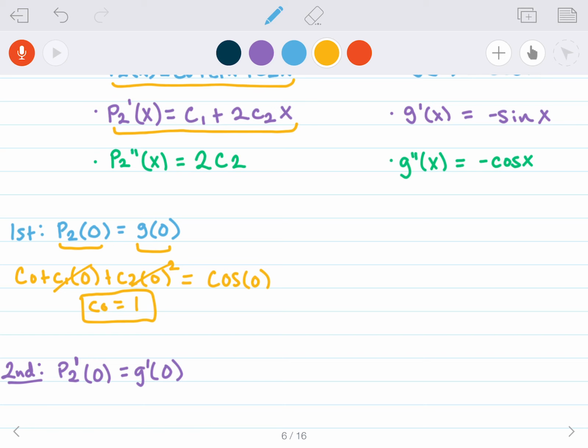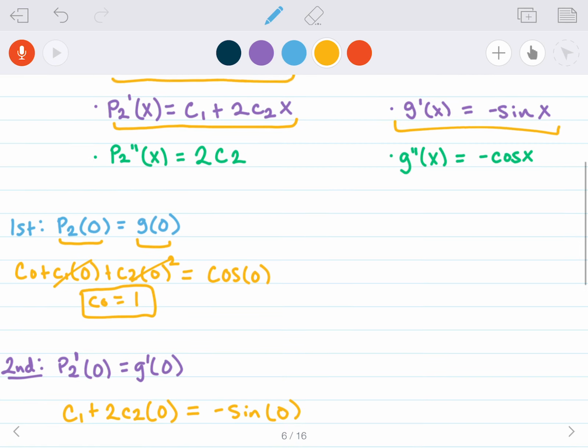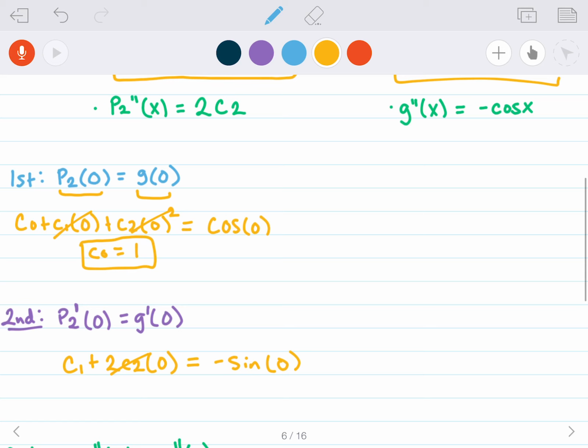The left side of this equation is going to be c1 plus 2 times c2 times 0, right? That's our x. And that's going to equal g prime of 0, which is just negative sine of 0, right? Okay, awesome. So that goes away. And negative sine of 0, of course, is 0. And so we get c1 is equal to 0.